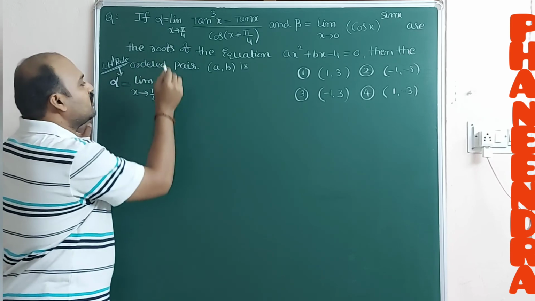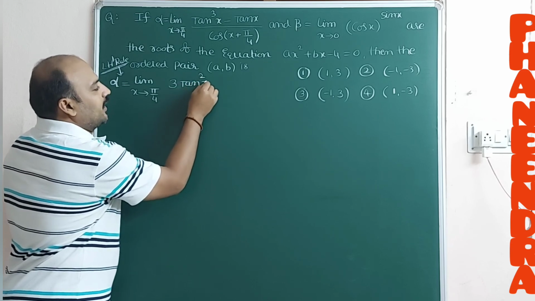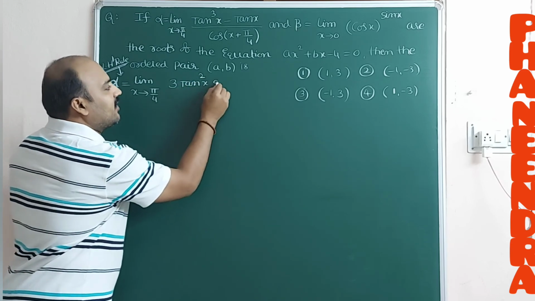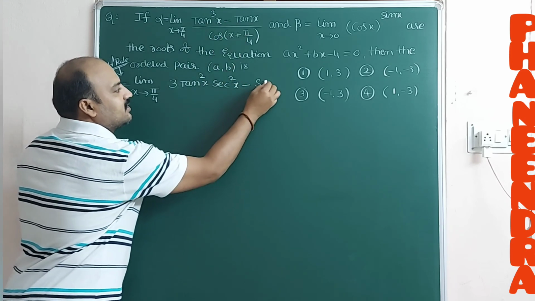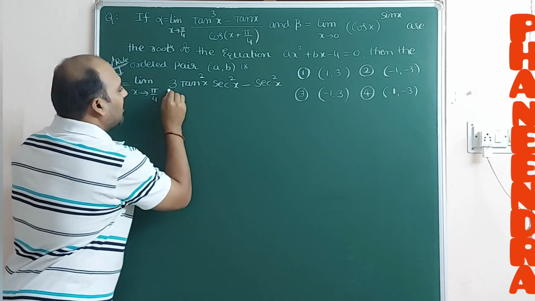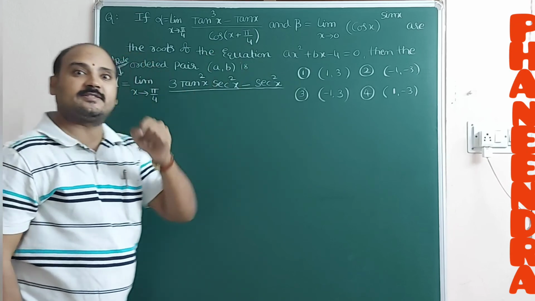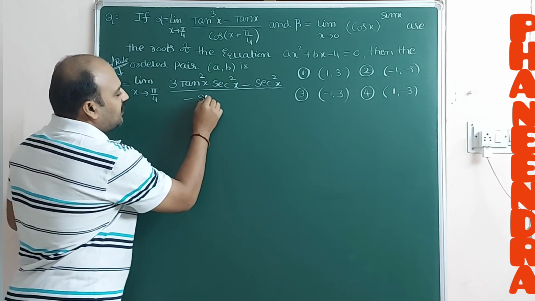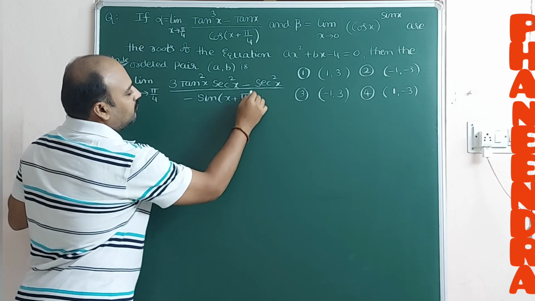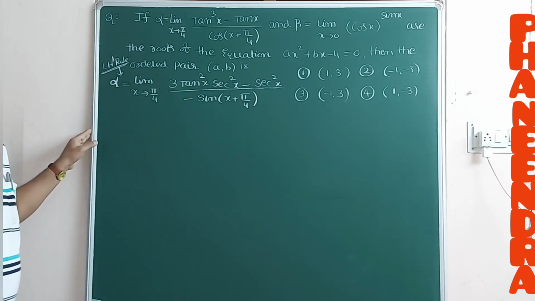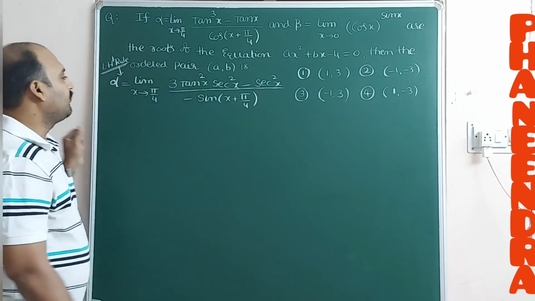So 3 into tan x whole power 3 minus 1, tan square x, and the derivative of tan x is secant square x, minus tan x derivative is secant square x, divided by d by dx of cos of x plus pi by 4, which is minus sin of x plus pi by 4. Differentiating x plus pi by 4 gives 1.